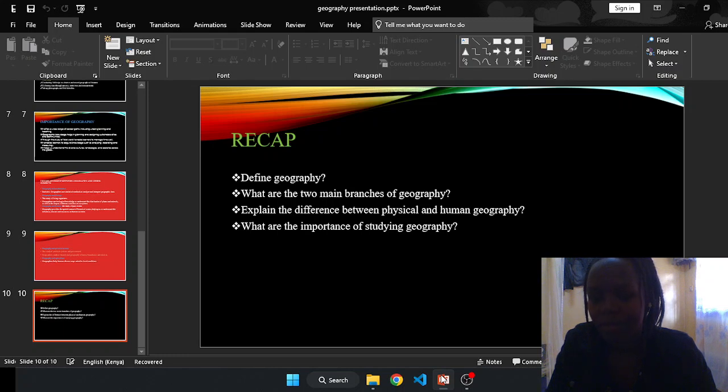This includes the economic, political, and cultural aspects. Well done. In brief, physical geography deals with things that surround us, while human geography is the things that we do on the earth surface, maybe farming, different things. So that's the difference.